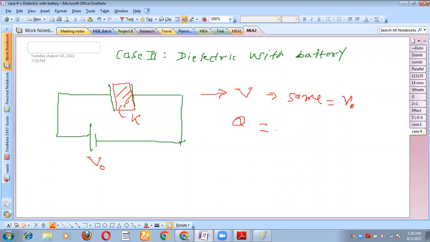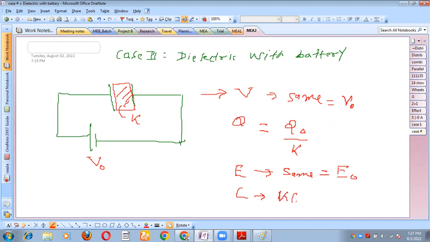Charge will increase, and it will be equal to K Q naught. Electric field will remain the same. Since the potential is the same, the electric field will also remain the same, equal to E naught, and capacitance will increase.